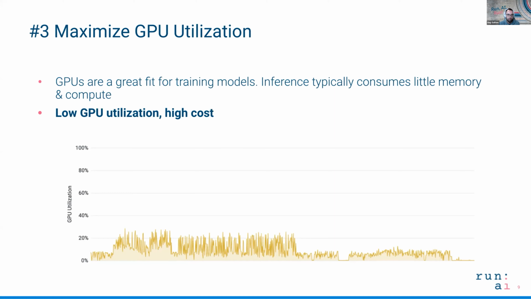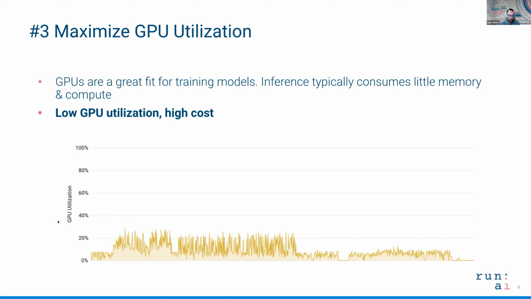The thing is that with inference workloads, as opposed to training, we don't need the backpropagation process like we did in training, so the actual computation done on each processing step is much lower than in training, and the memory footprint is much lower too. That's why we see with many companies that we work with that when they run inference workloads on GPUs, the GPU utilization is very low.